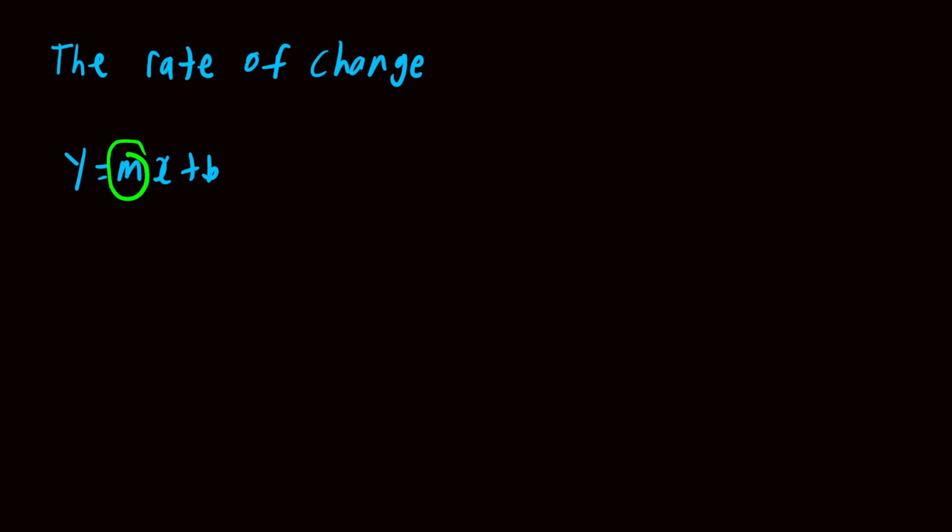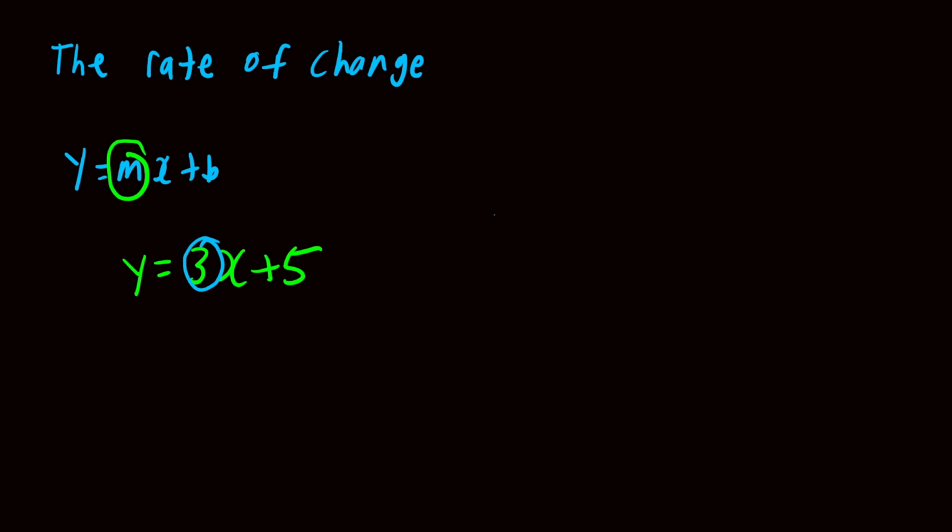For example, if I have y equals 3x plus 5, the derivative of that is 3. Why? Because that's how fast the line is changing. For every 1 you go to the right, you're going to go up 3.